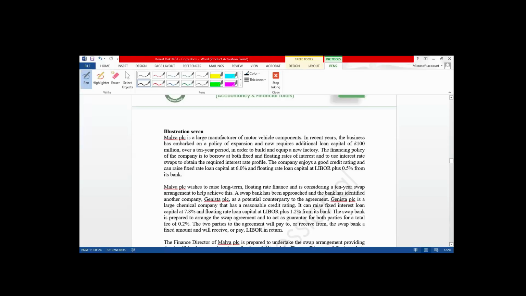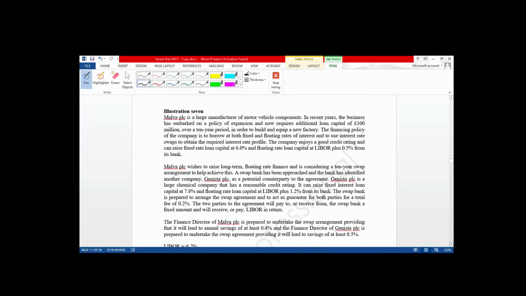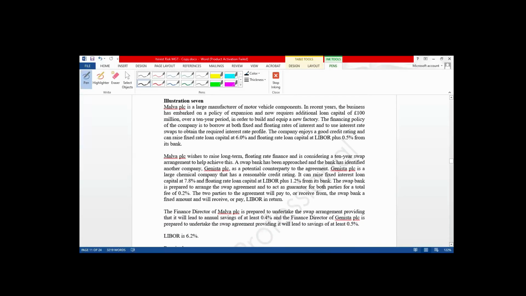Floating rate loan capital at LIBOR plus 0.5% from a bank. Madva PSC, which is to raise long-term loan, floating rate finance. Look at that. The intention of Madva PSC is to borrow at a floating rate and is considering a 10-year swap arrangement to help achieve this.